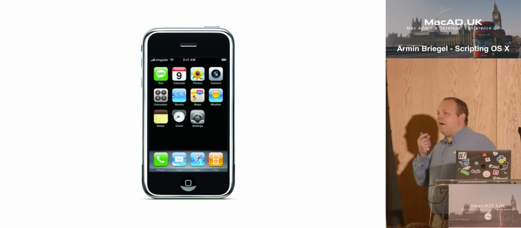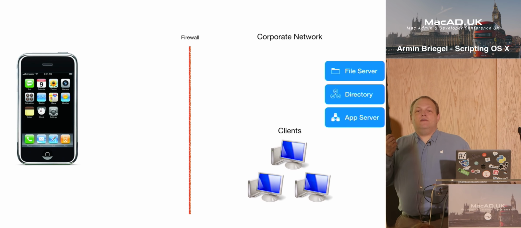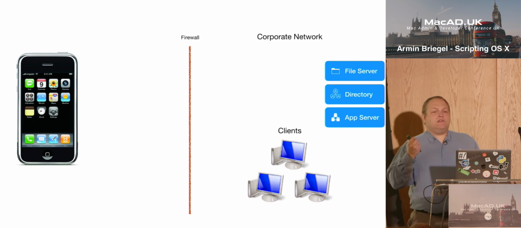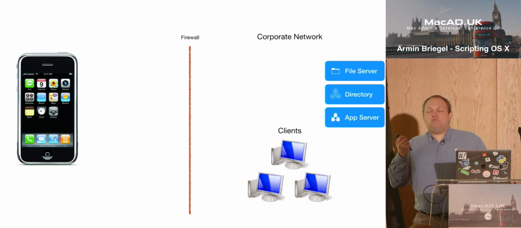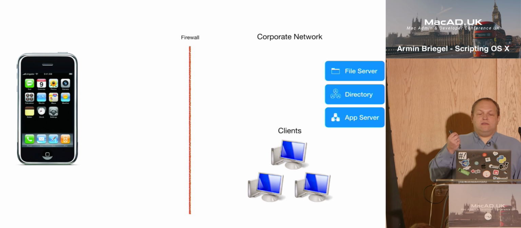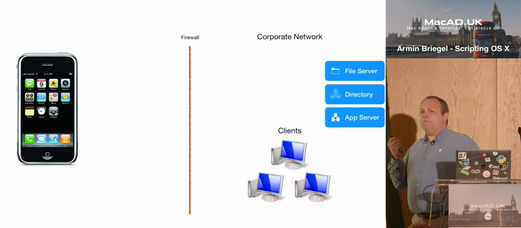So when the iPhone came out, people liked it. People wanted to use it, and people wanted to use it with their work. They wanted to access work resources from their iPhone. And many, many companies weren't really prepared for that at that time.